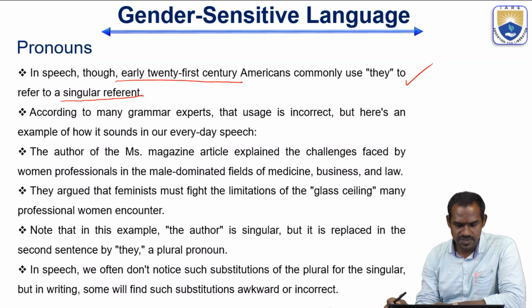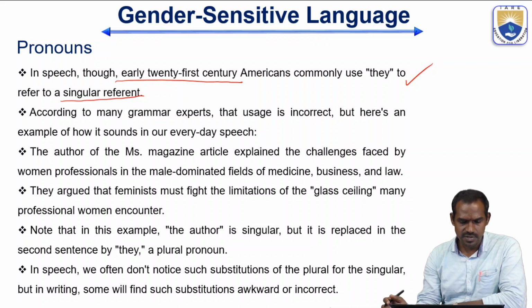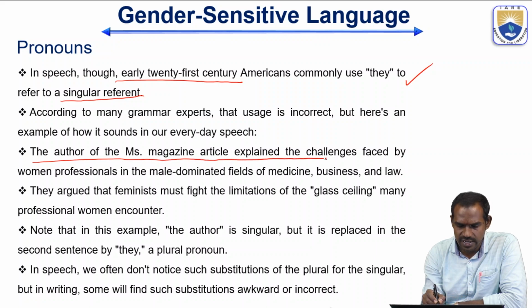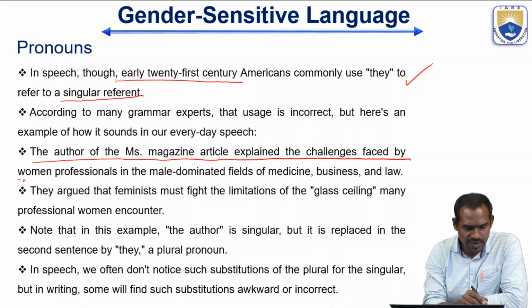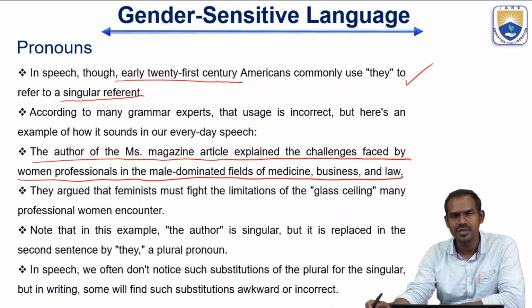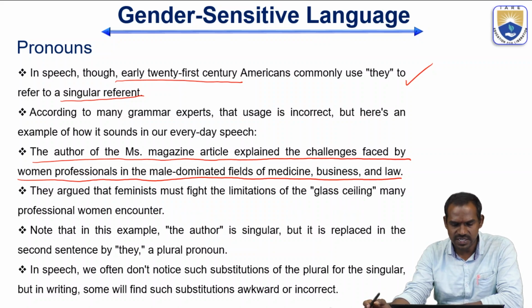Observe it carefully. The first sentence says the author of the Miss Magazine article explained the challenges, and this can be represented in another way, as shown in the second sentence.